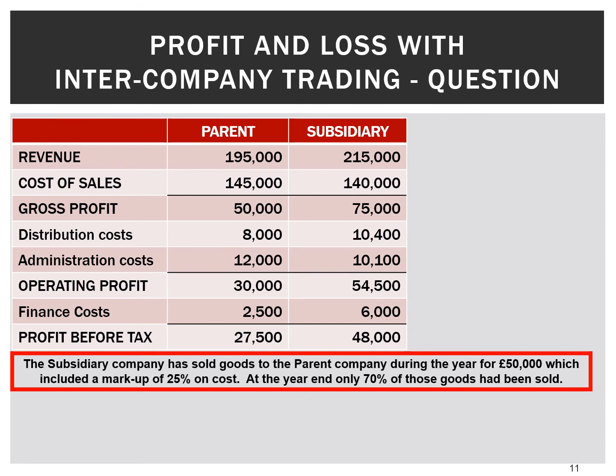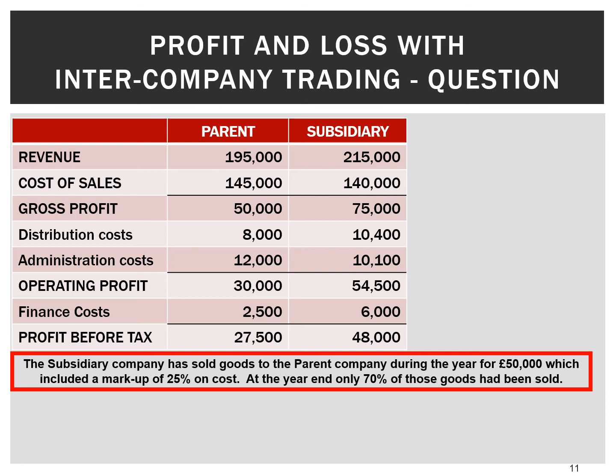And at the year end, 70% of those goods have been sold, which means that 30% are still in the parent company's stock, and at the moment that stock's valued at the price the parent company paid to the subsidiary. We've got to reduce that stock value down to the price that the subsidiary originally paid to the external supplier.